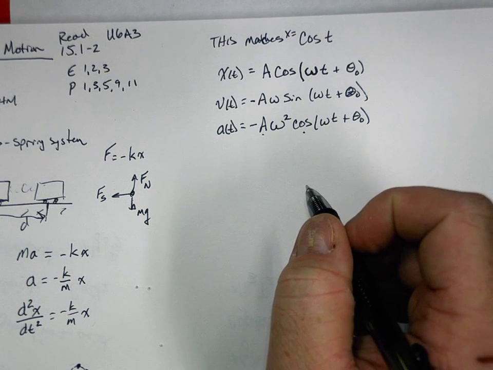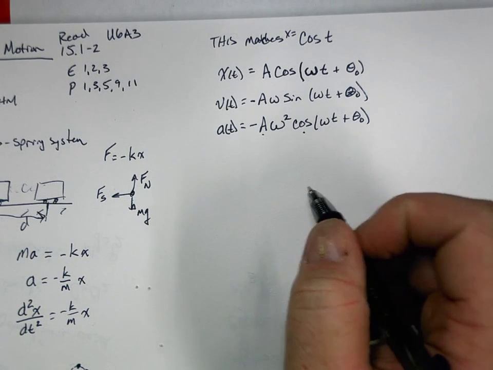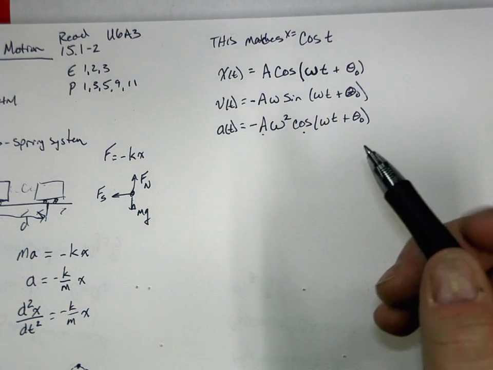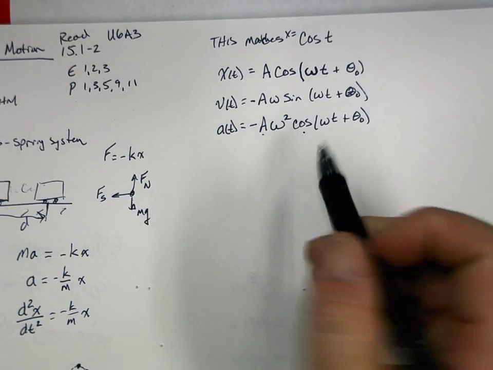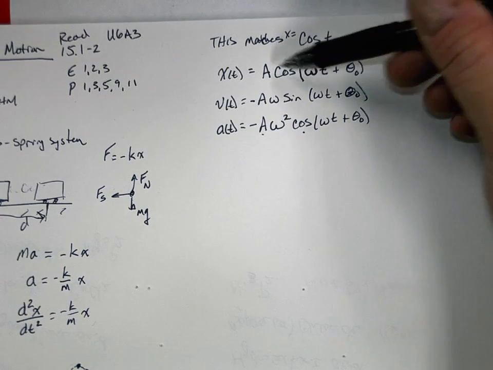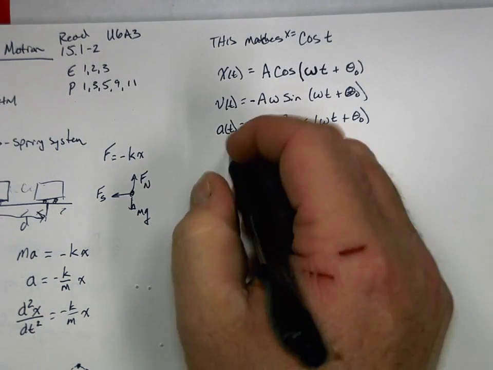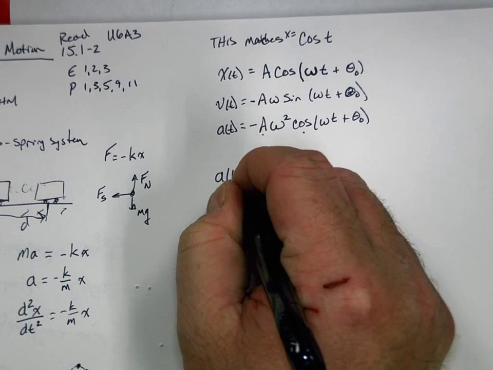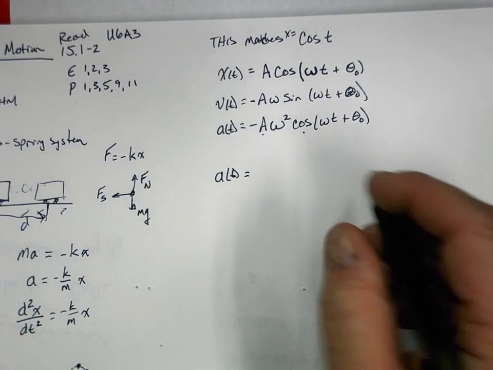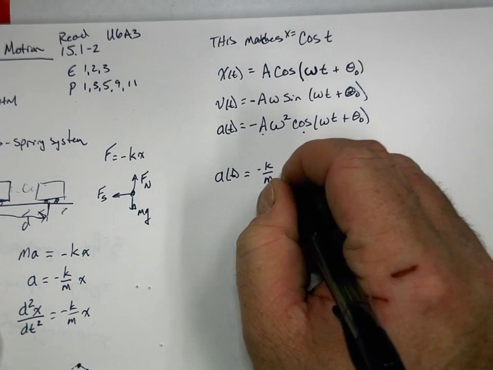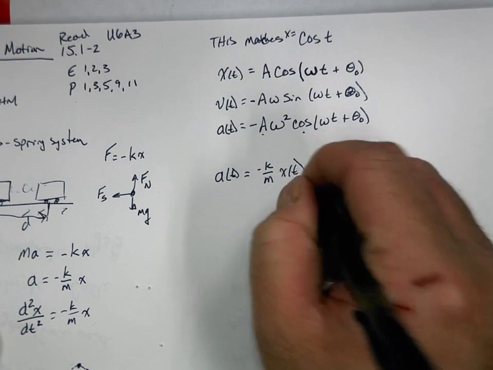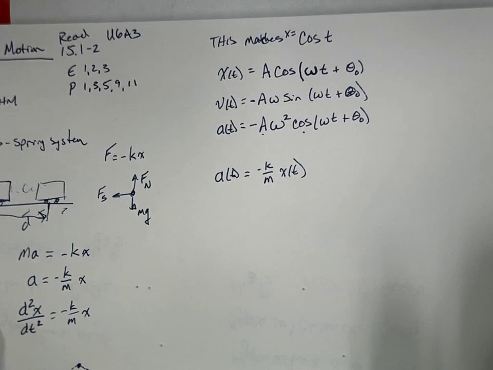Oh, my voice is not in the best shape. Okay, so when we reset this as our acceleration with respect to time equals, right? You guys following that? Well, that was this here, right?